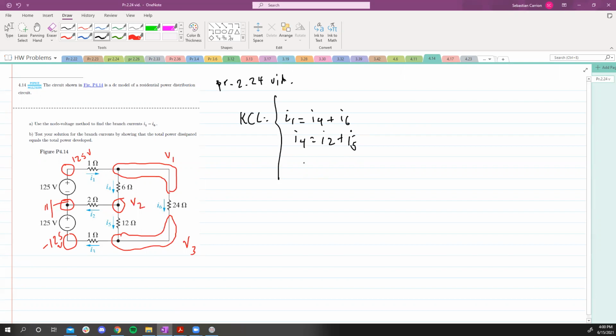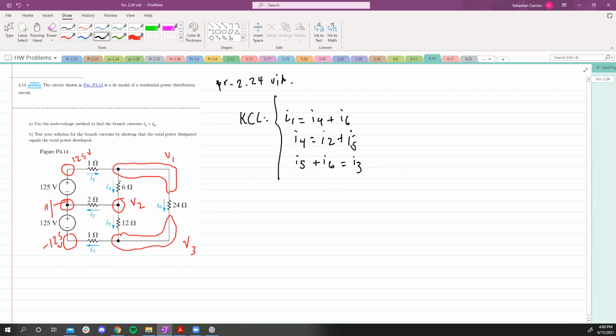And then we know I5 plus I6 equals I3. Okay. So yeah, these just to make sure.